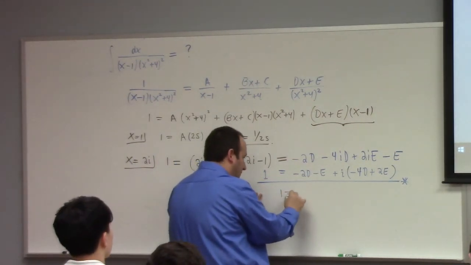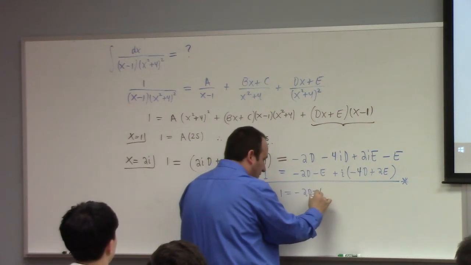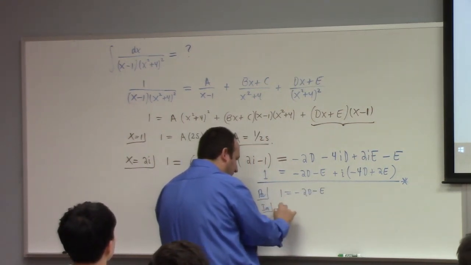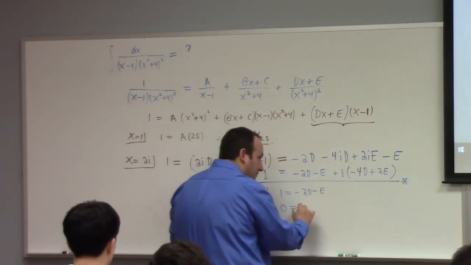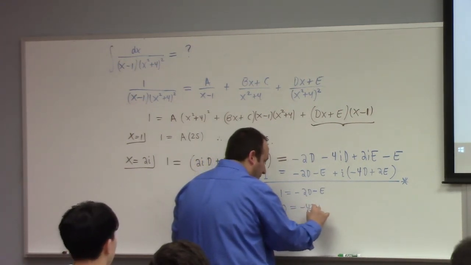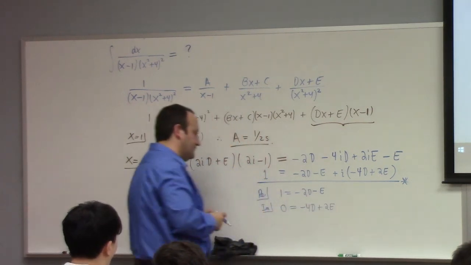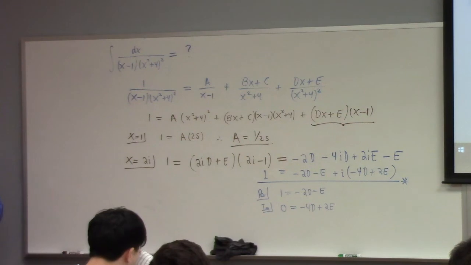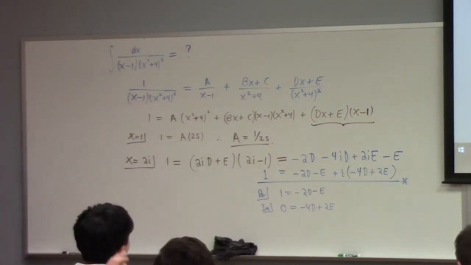That gives me 1 is equal to minus 2d minus e from the real part of the equation above. From the imaginary part of the equation above, I get 0 is equal to minus 4d plus 2e. Now it's two equations, two unknowns. We can solve that.